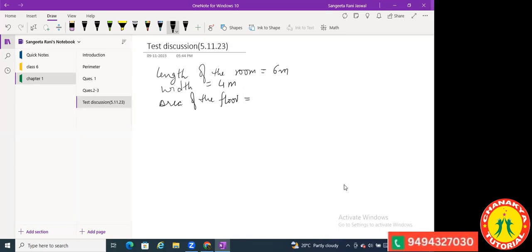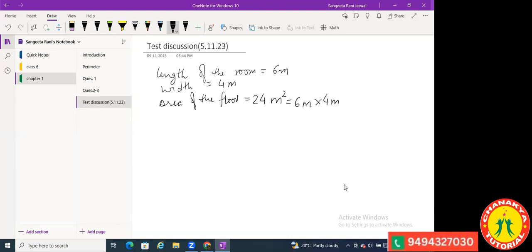Yes, 24 meters square. These are the mistakes that you have done, my dear. I'm not telling specifically any one child, but many of the children have done these kind of mistakes. So that's 24 meters square. How do we get 24 meters square? It's 6 meter into 4 meters. When I'm multiplying 6 into 4, I get 24.